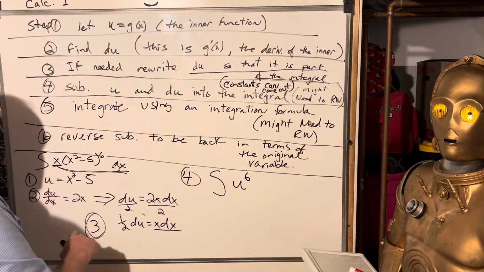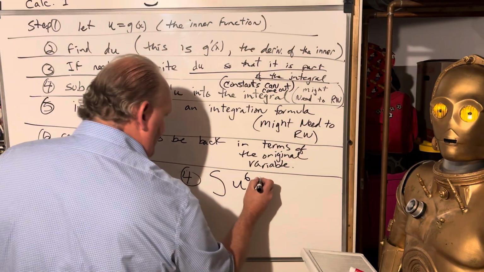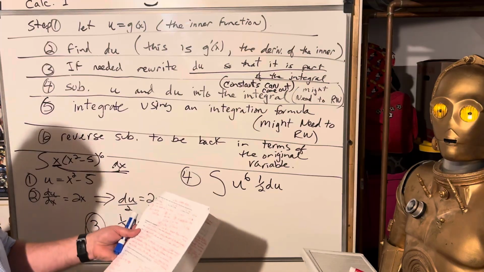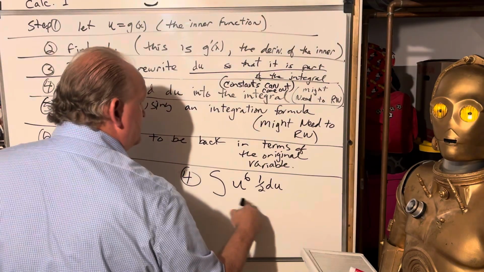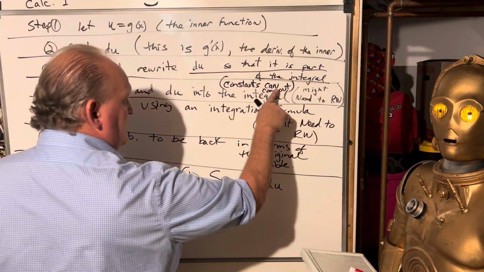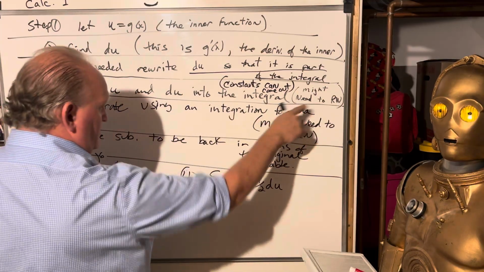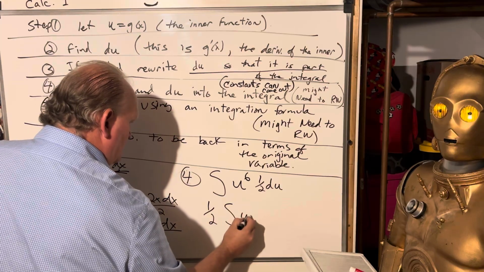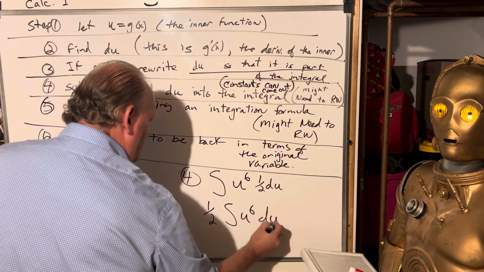But I don't just have du, I have 1/2 du. And before I actually integrate, I'm going to take that and do a rewrite. Like sometimes the constants can come out, or you just rewrite it. So 1/2 times the integral of u to the 6th du.